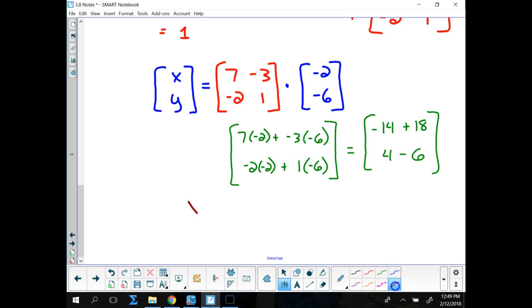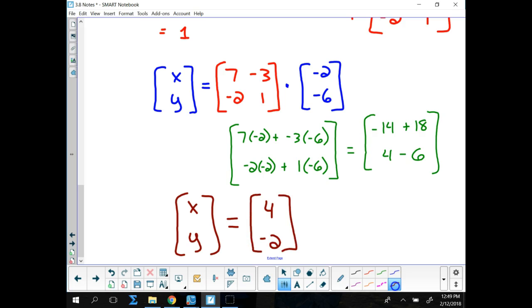So my matrix x, y is going to be equal to negative 14 plus 18, which is 4, and 4 minus 6, negative 2. So x is 4, y is negative 2. Which if I would scroll all the way back up to the top, I'd get that. That's what we said it was.